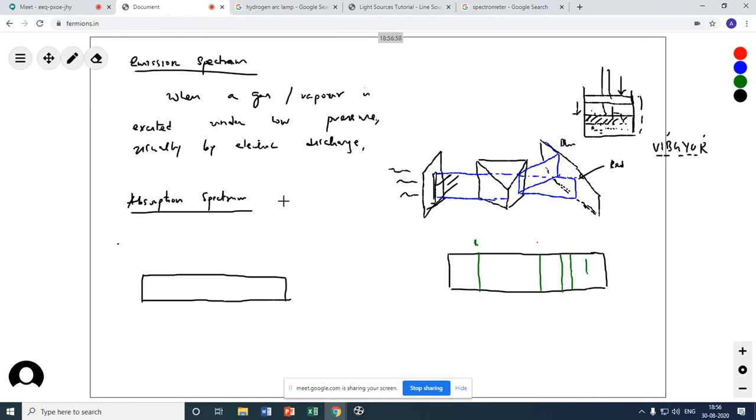So you write: the first spectral series was observed by John Jacob Balmer in the visible region of the hydrogen spectrum. Hence, on his name, it is called the Balmer series.